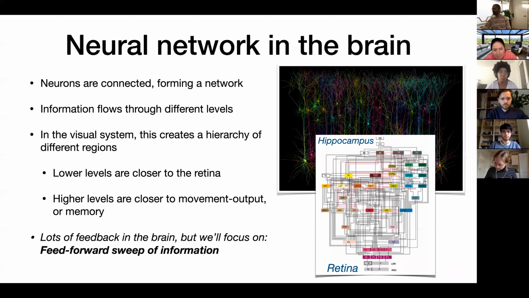So one of the steps that we'll take if we're going to take this biological system and boil its principles down is that we're going to focus on that feed-forward sweep of information that that animation highlighted. So we're going to pretend that we just stimulate the retina once, and then information will flow in this bottom-up way, and that's it. And that's the first simplification that we'll perform.